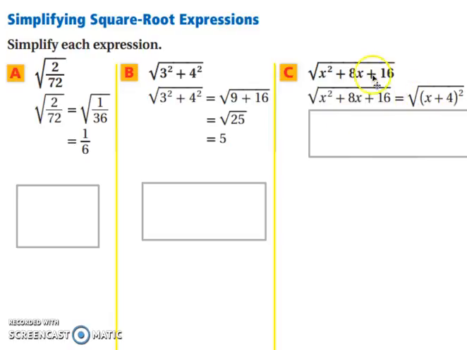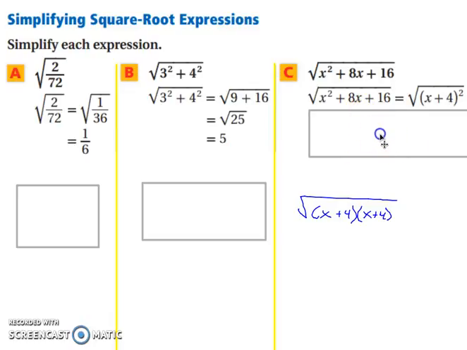If you factored it out and did not realize that it was a perfect square trinomial, you might have had this underneath as the radicand: x plus 4, x plus 4. And then when you simplify this, this gives you your radical, so you have your square root of x plus 4, that quantity, squared.